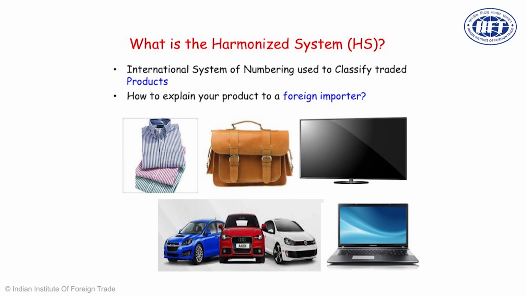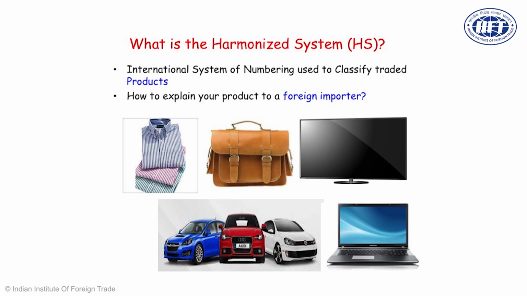Similarly, shirts can be 100% cotton or of a different material like polyester. So the product the exporter is sending and the product the importer is demanding have to match. For that match to occur, we require the harmonized system.